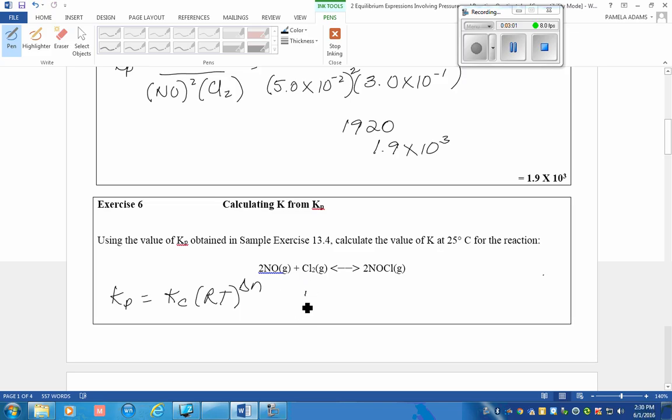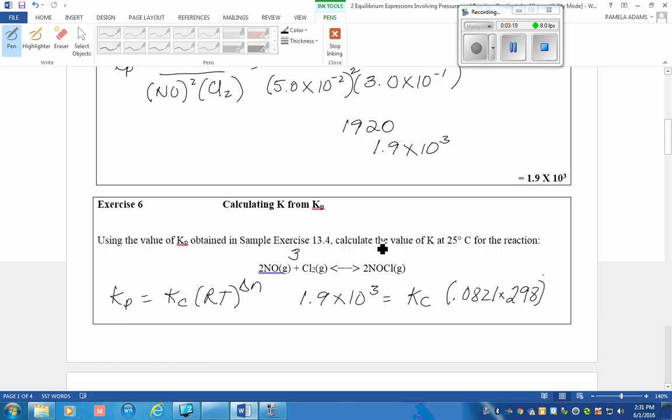Well, Kp is 1.9 times 10 to the third. We are trying to find Kc. The gas law constant is 0.0821. The temperature is 25 degrees C, that is 298 K.